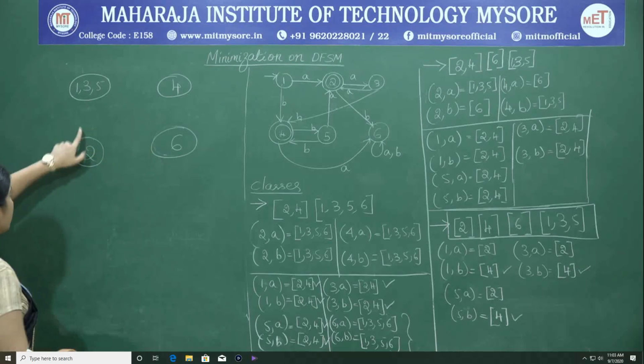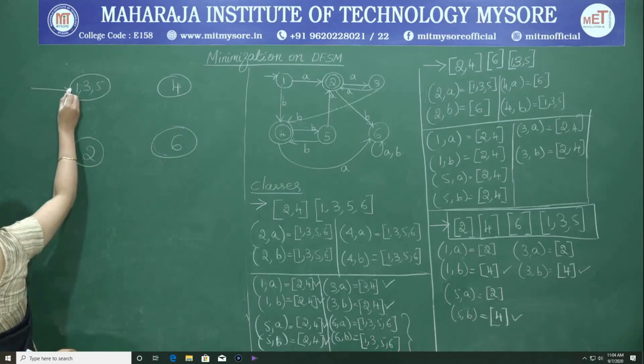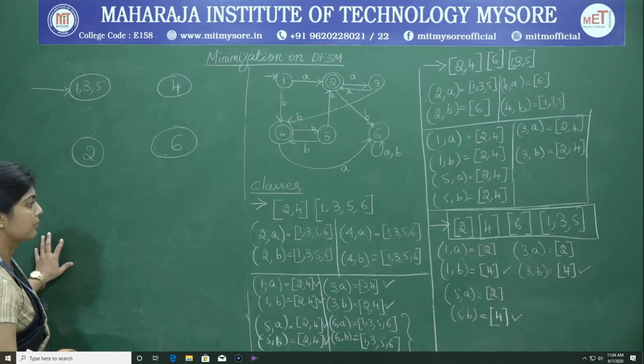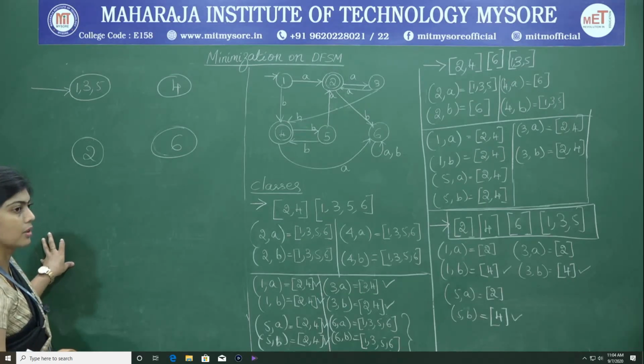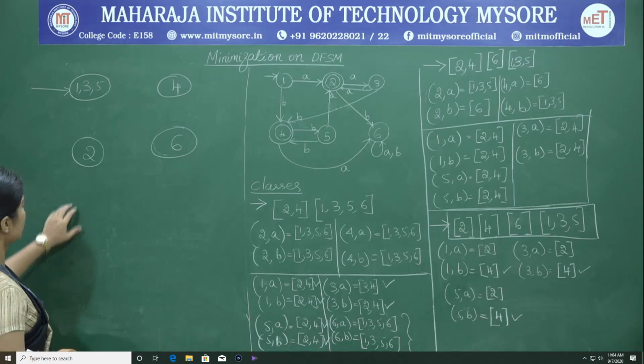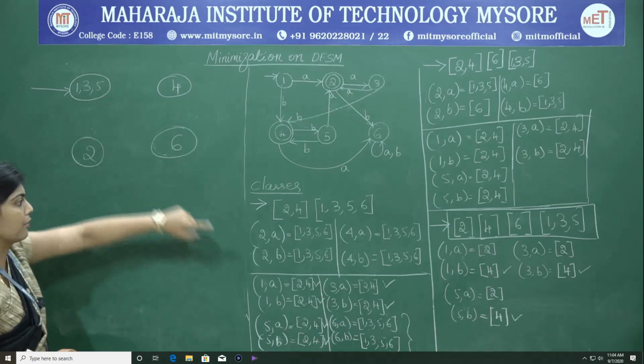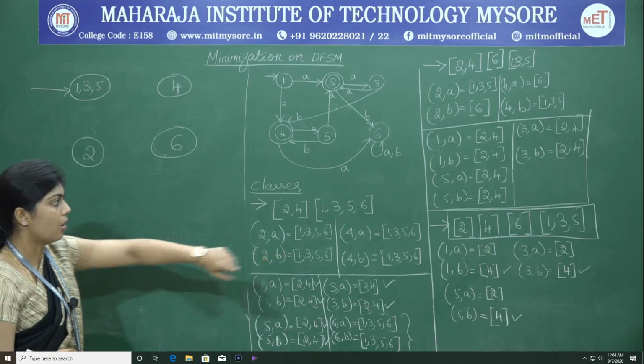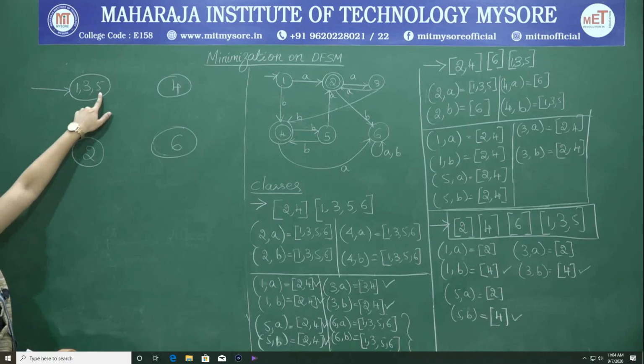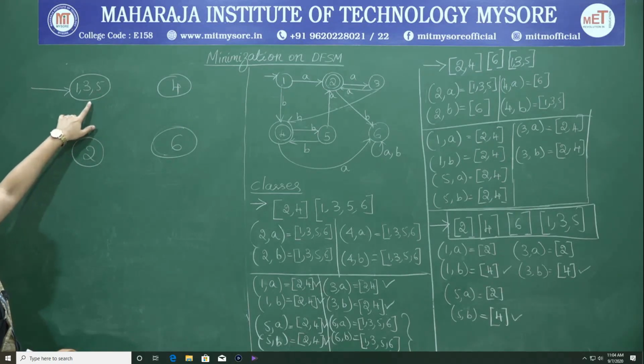So therefore, anything that contains a 1 becomes the start state. So this will become the start state. Next, we will have to find out the different transitions. First we will pick up 1, 3, 5 and find the transitions on A and B.